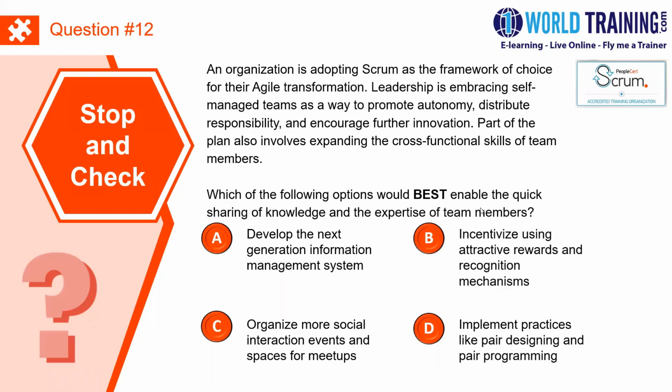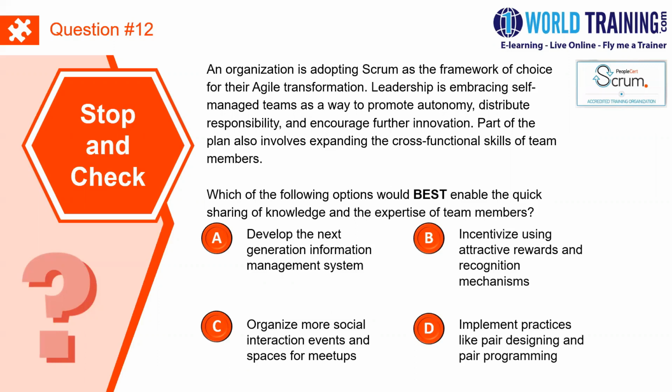Option A, develop the next generation information management system. Option B, incentivize using attractive rewards and recognition mechanisms. Option C, organize more social interaction events and space for meetups. Option D, implement practices like pair programming and pair designing.